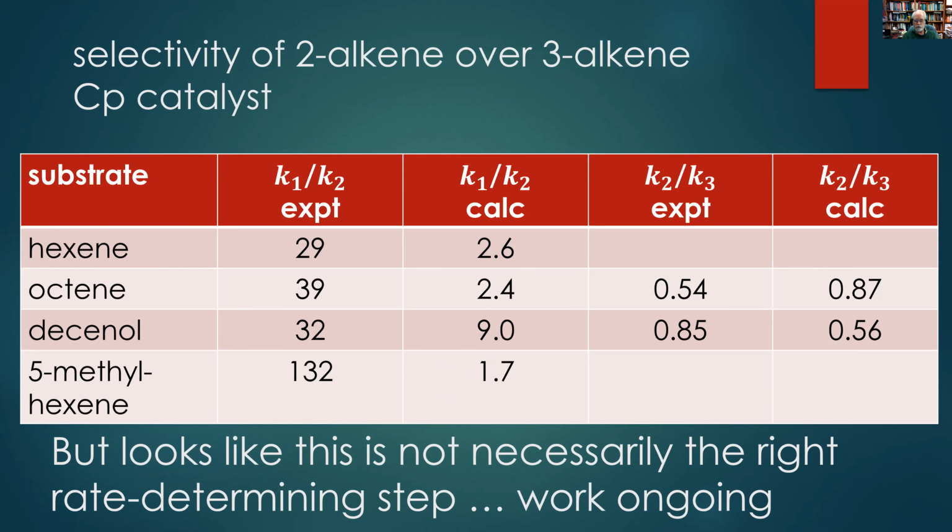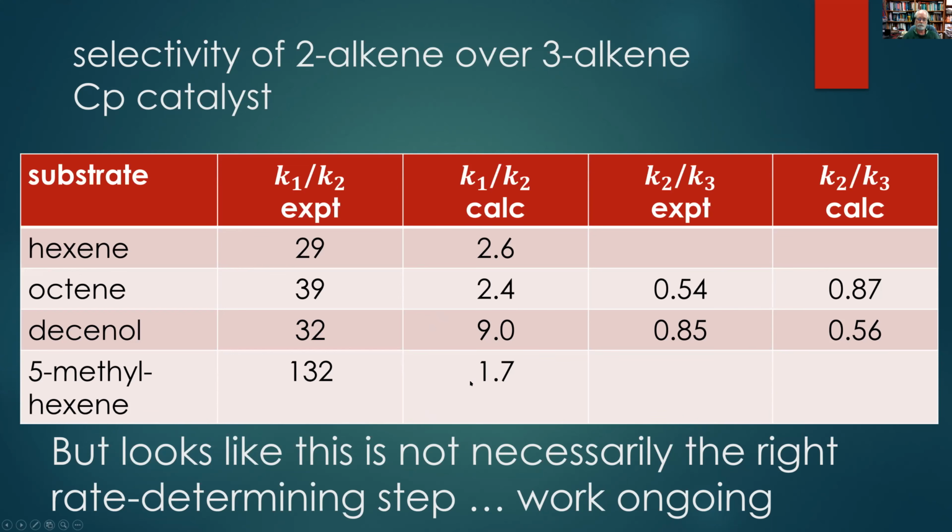And Ryan's been pursuing this. It looks like for these cases, the rate determining step may actually be earlier in the mechanism than it was for the butene case that Thomas Cow was studying. And so he's now looking at those rate determining steps, rather at those activation barriers.